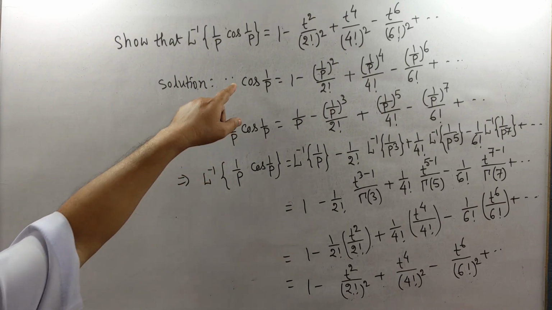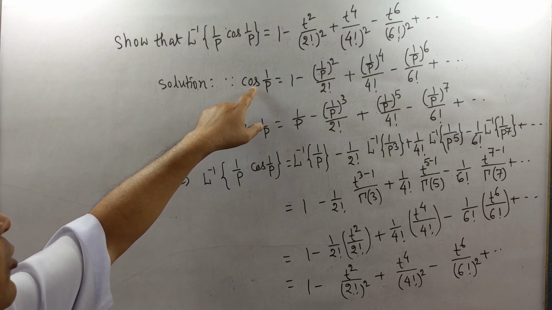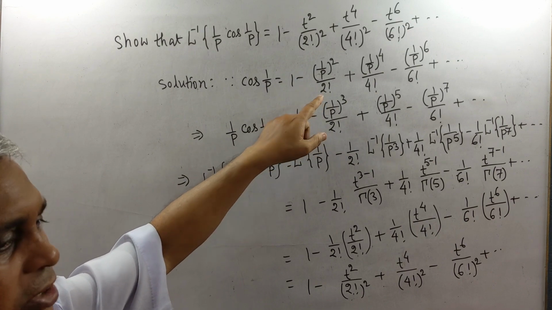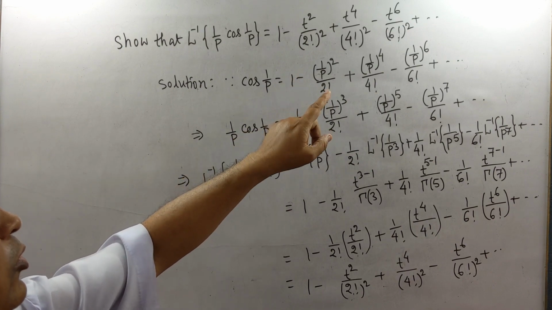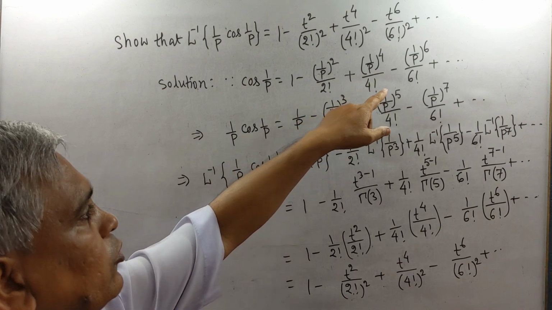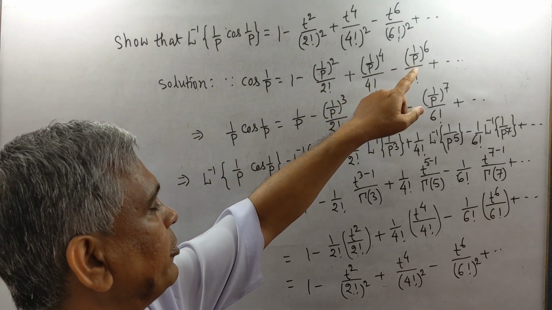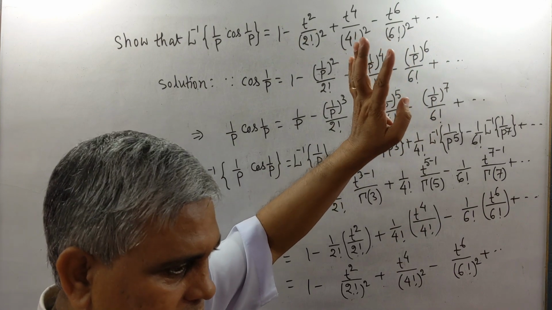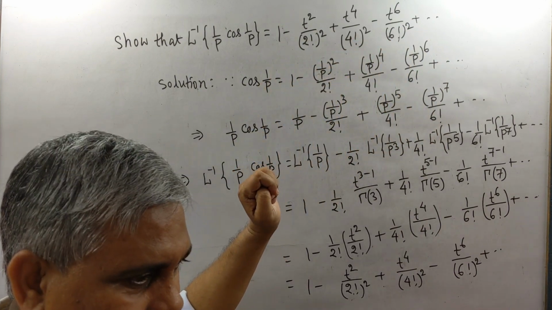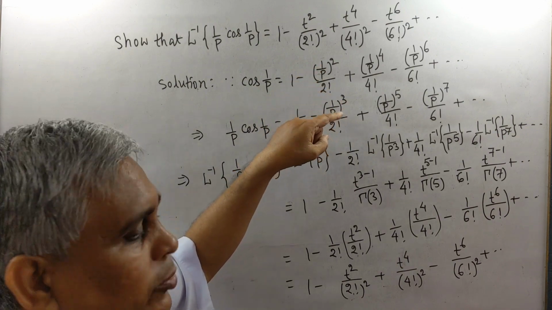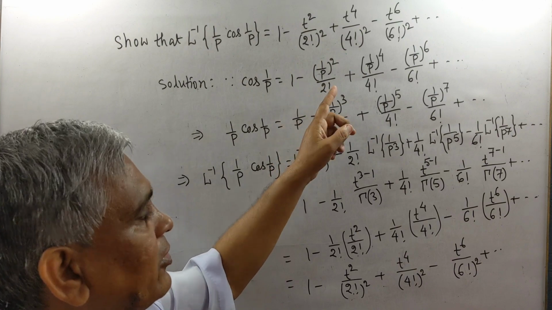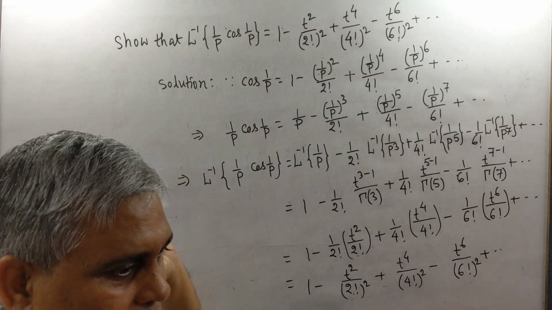Since we know the formula cos 1 by p equal to 1 minus 1 by p square by factorial 2 plus 1 by p to the power 4 by factorial 4 minus 1 by p to the power 6 by factorial 6 plus dot dot, as cos x equal to 1 minus x square by factorial 2 plus x to the power 4 by factorial 4 minus x to the power 6 by factorial 6 plus dot dot dot.